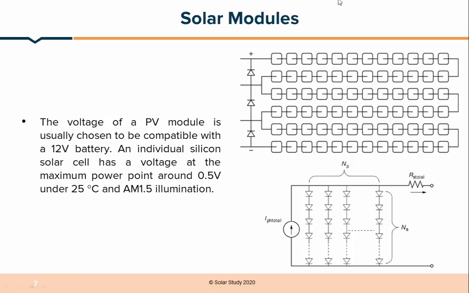Okay, see, in this one all the cells are connected in series. In this case, this is a 72-cell module. Each cell produces 0.6 volt. While connecting in series, it produces more than 36 volt, that may be 38 to 40 volt we will get.